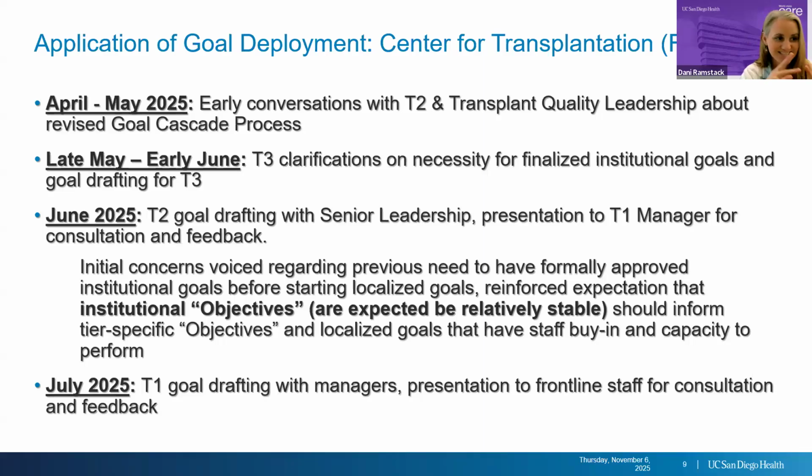I think this June timeframe is where we got a little bit tripped up and worried that we didn't have those tier 3 goals exactly defined. Some of our team members were asking, how are we supposed to decide at the tier 2 level and then at the tier 1 level what our goals are and how we're going to review those? How do we decide what we're working on if tier 3 hasn't decided what they're working on?